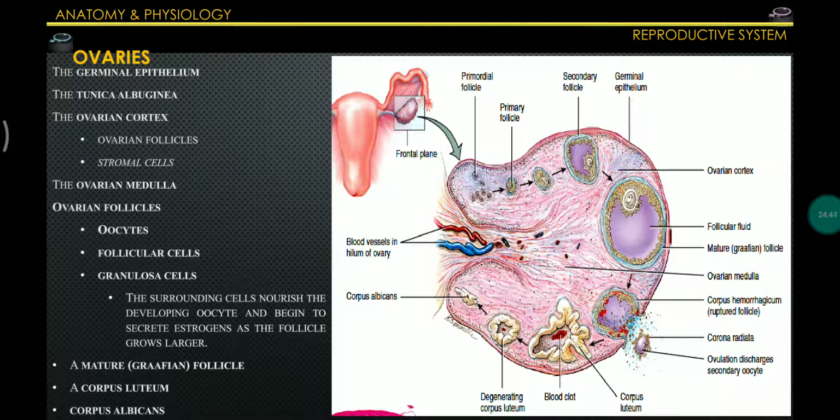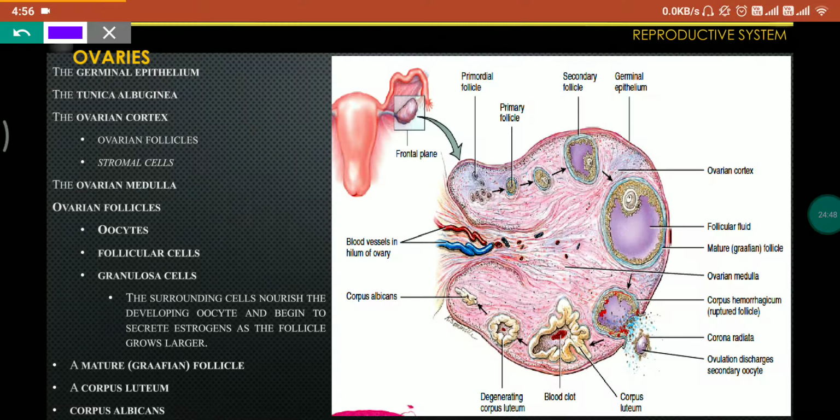The ovary consists of the germinal epithelium, the outermost layer, which produces germ cells.